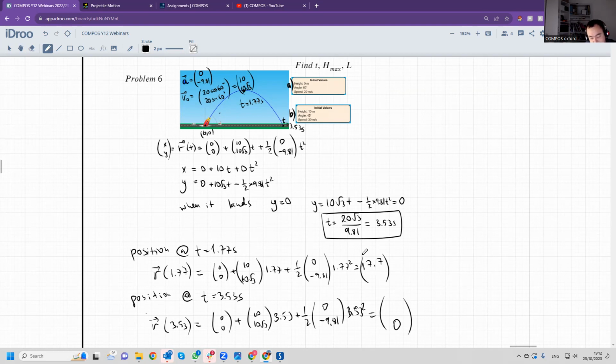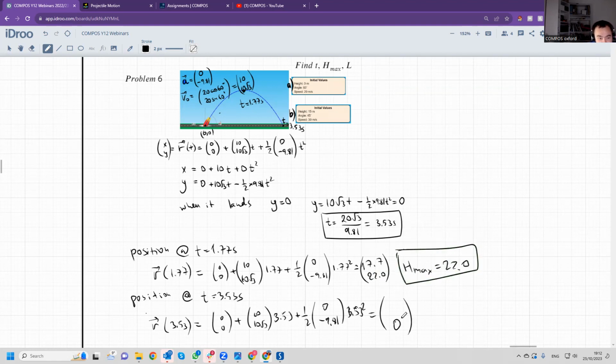And the height is 10 root 3 multiplied by 1.77 minus 0.5 times 1.77 times 9.81, 22.0. So maximum height is 22.0 meters.